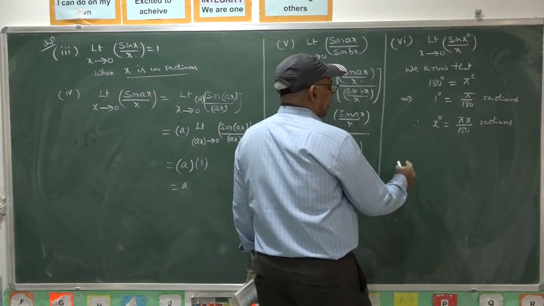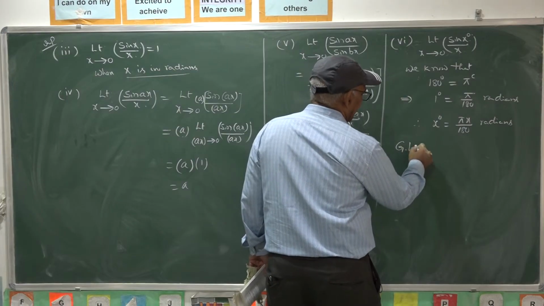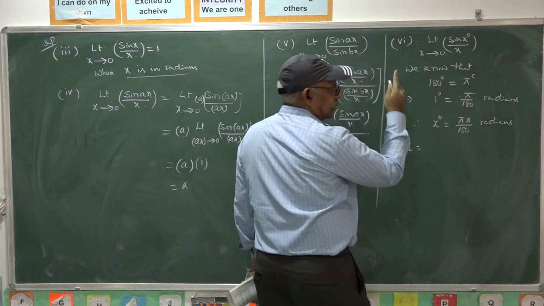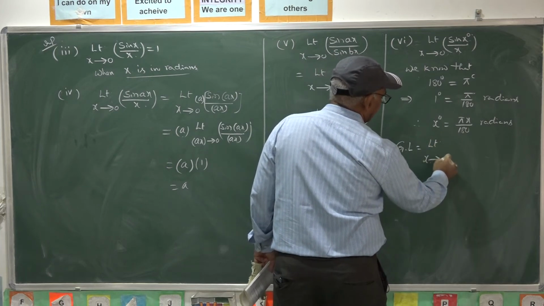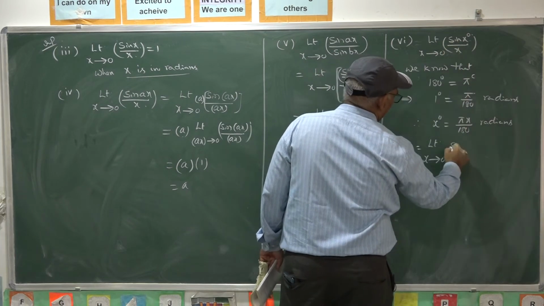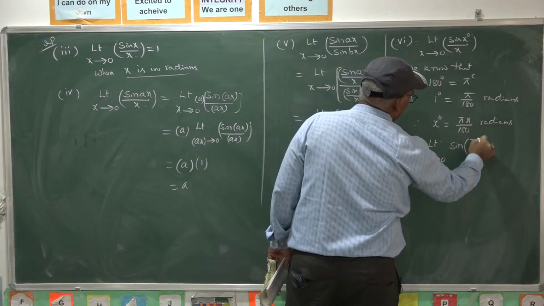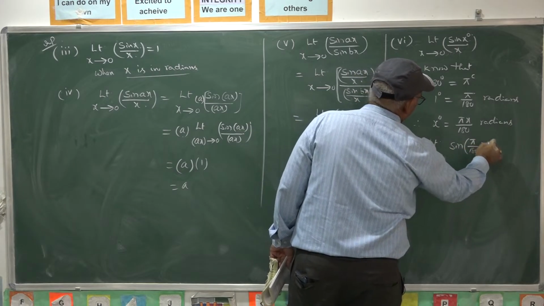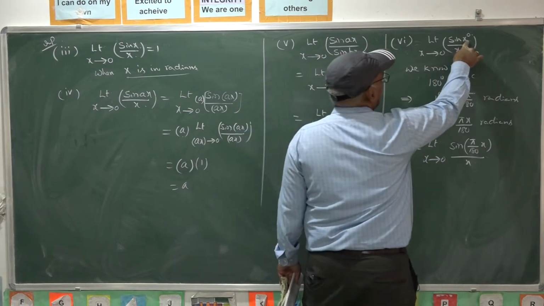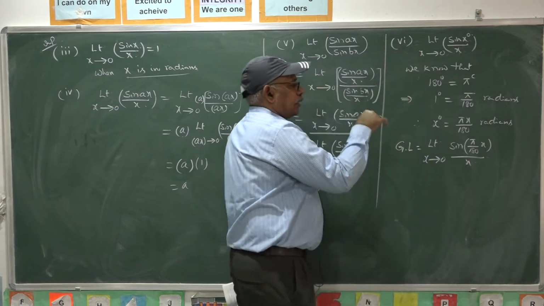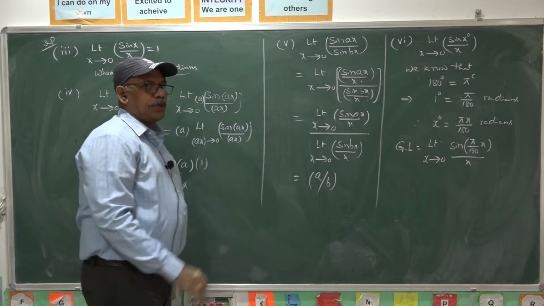Now, coming to the given limit. The given limit becomes limit as x goes to 0, sin of x degrees, with degrees in radians being pi by 180 x, by x itself. That difference between degrees and radians should be observed here.